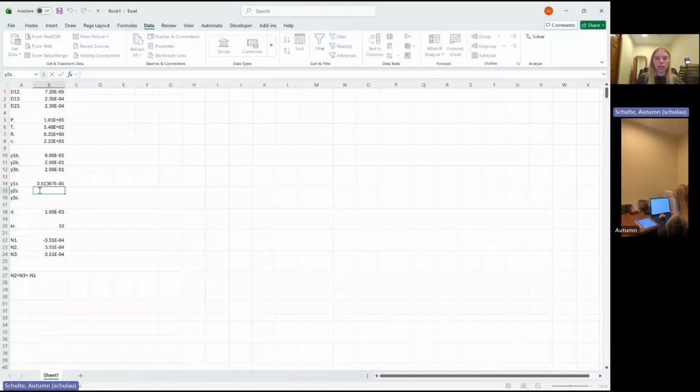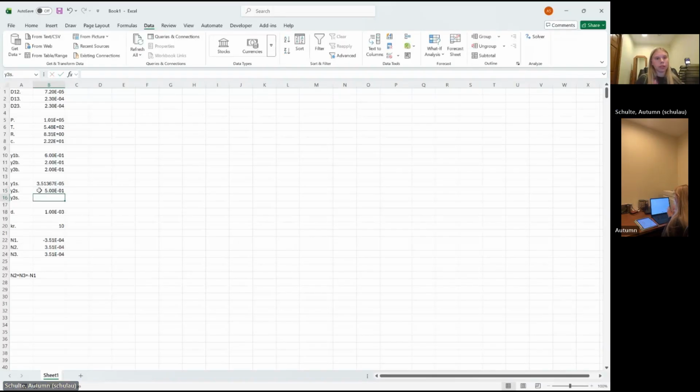And then we said that we were going to estimate the mole fraction of the acetaldehyde to be 0.5. And then the mole fraction of the hydrogen is simply 1 minus the sum of those two values.